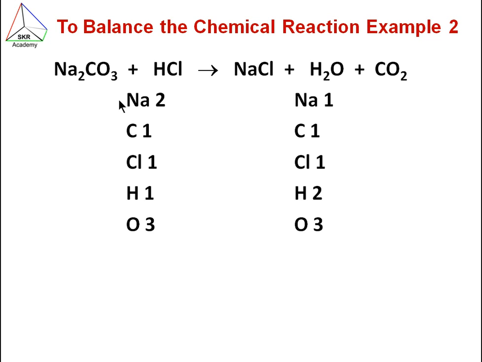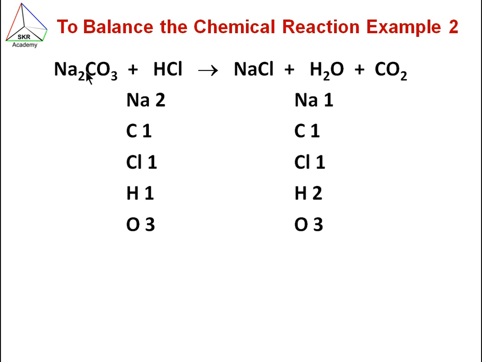Let's see how many elements of each type are on the left hand side, the reactant side, and how many of each type are on the product side. Let's count sodium. There are two sodium on the left, and on the right hand side there is only one sodium.